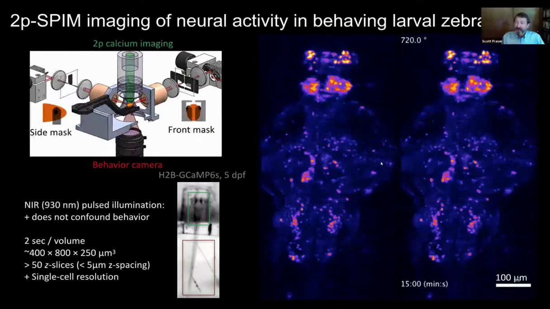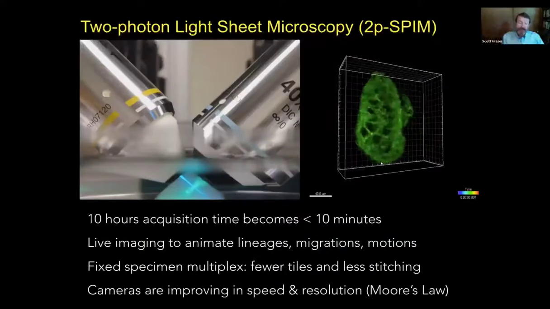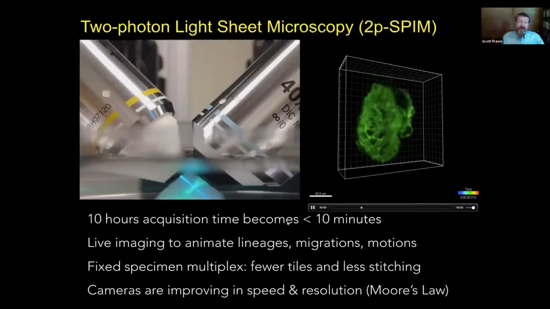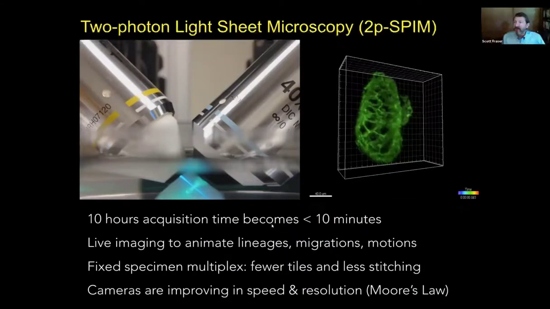So we've been really enjoying the 2-photon light sheet. It's a way to compress down the imaging time more than a couple orders of magnitude. And it really allows us to jump onto the Moore's law of camera development, so that the faster, better, bigger cameras that are being developed can be used to see larger fields of view faster and with better sensitivity.